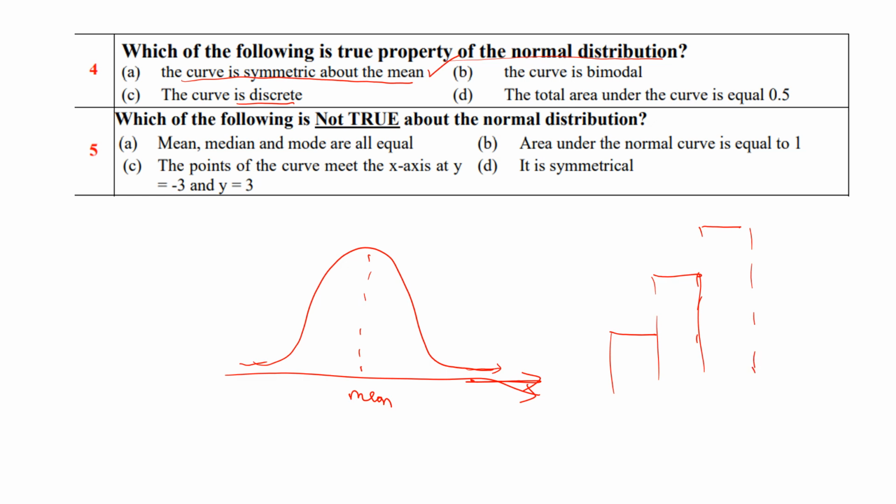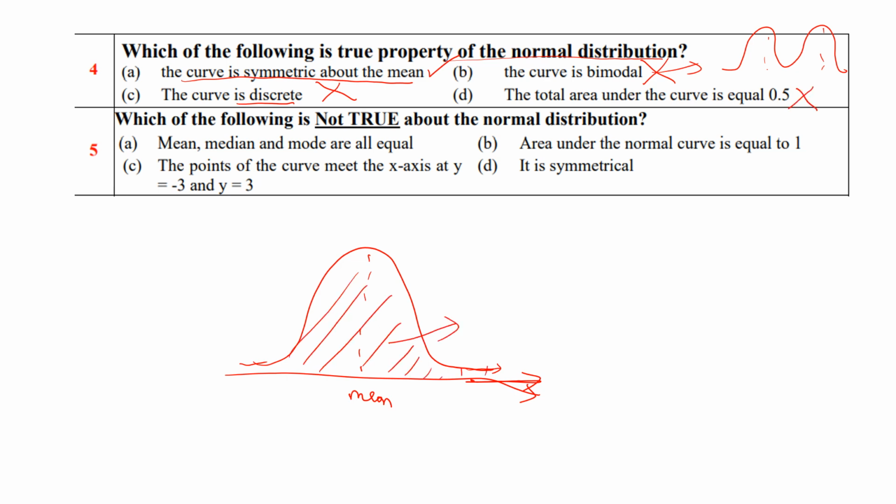It's not discrete, just continuous, so x will take all the values. The curve is bimodal. Bimodal means it has two modes, two humps at the same height. No. The total area under the curve is 0.5. No, the total area under the curve is just 1. So the correct answer is just A.